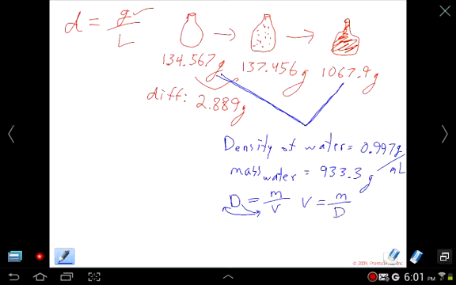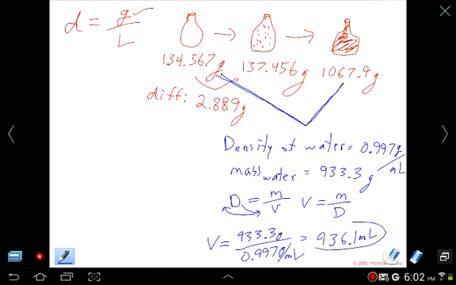So to find the volume of the water, we simply plug in the mass, 933.3 grams, divided by the density, 0.997 grams per milliliter, and we will get our volume. 933.3 divided by 0.997 is 936.1 milliliters.